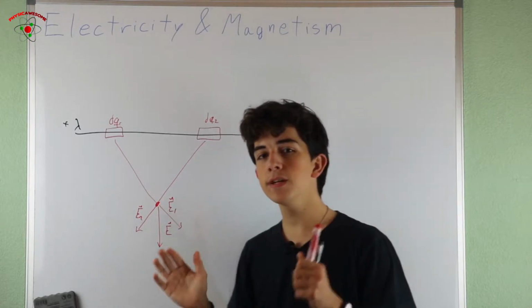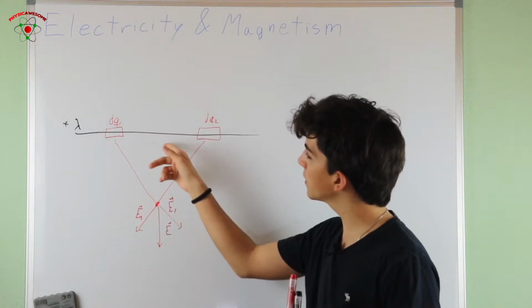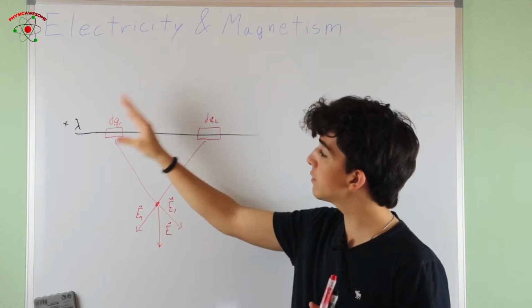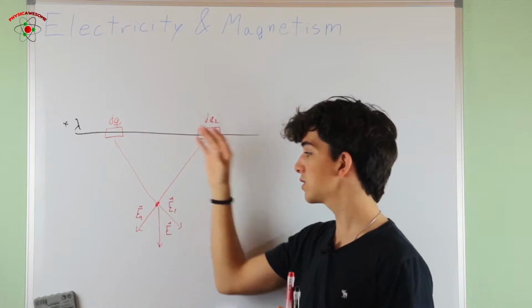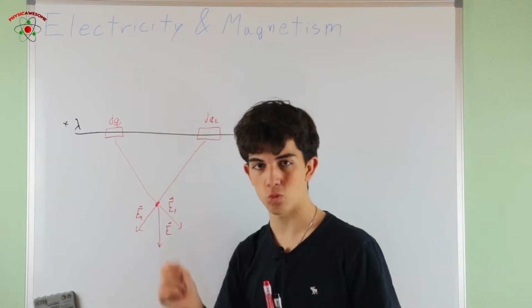So a very similar thing to what happened with infinite sheets is going to happen in these infinite wires or cylinders, that these different segments of charge are going to cancel each other so that the electric field is going to point radially outwards.